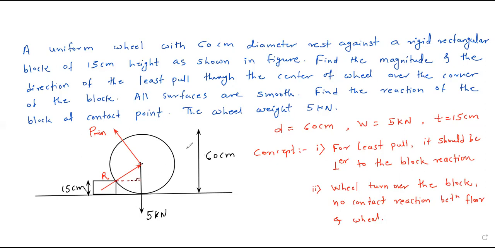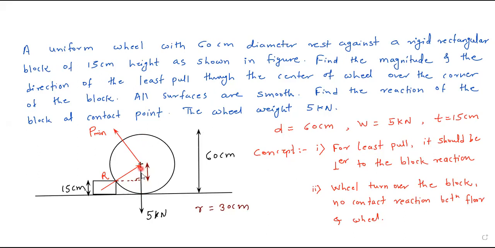Now I need to know how much this length is. They have given us diameter 60 centimeter, so the radius R will be 30 centimeter. From the centroid up to this point, the total distance is 30 centimeter.